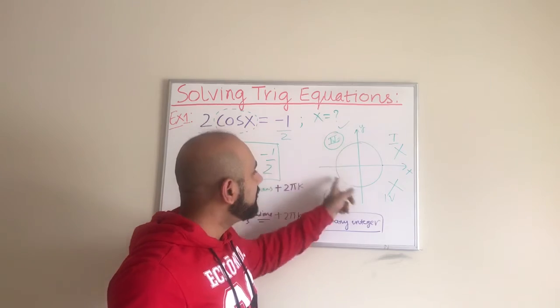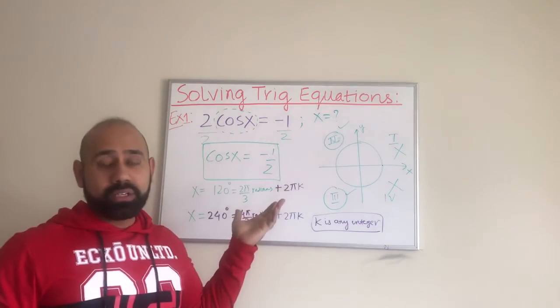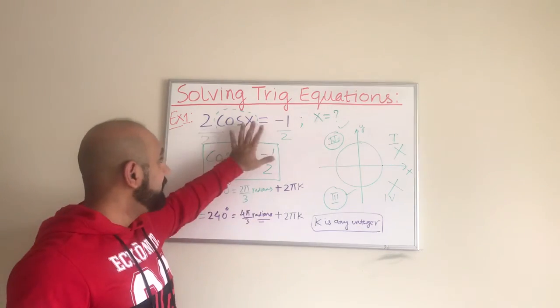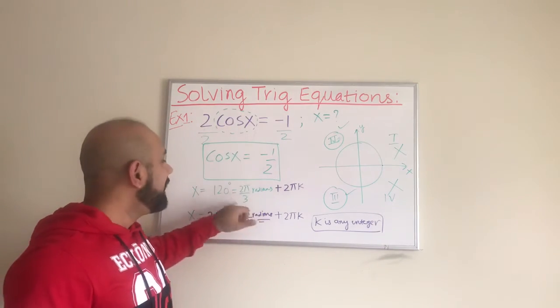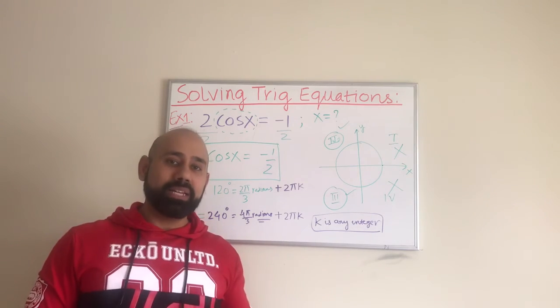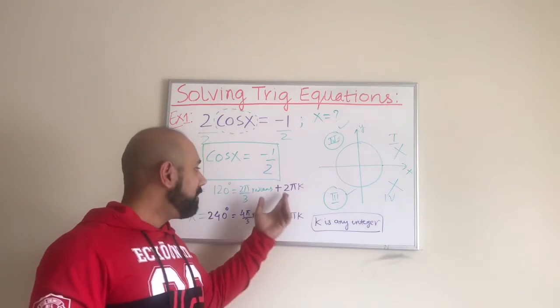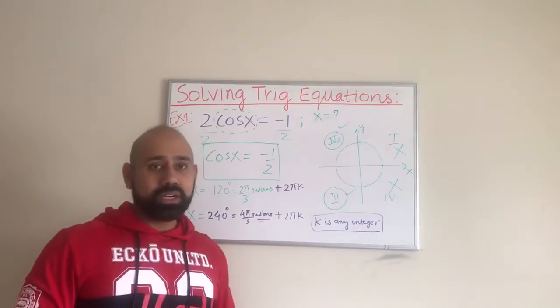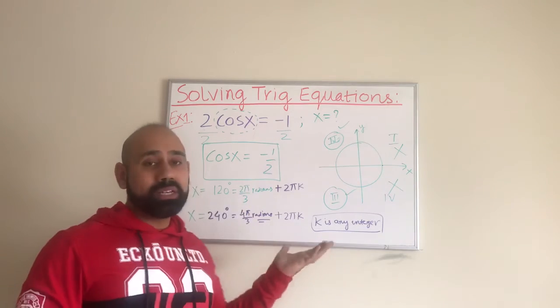If you subtract 360, then you still reach the same place. So guys, the point is, if it is not restricting the values for x, then there's not going to be just 1 or 2 or 3 values. There's going to be infinitely many values, depending on what values for k you choose. So guys, k can be any integer, and based on that we can get so many different values.